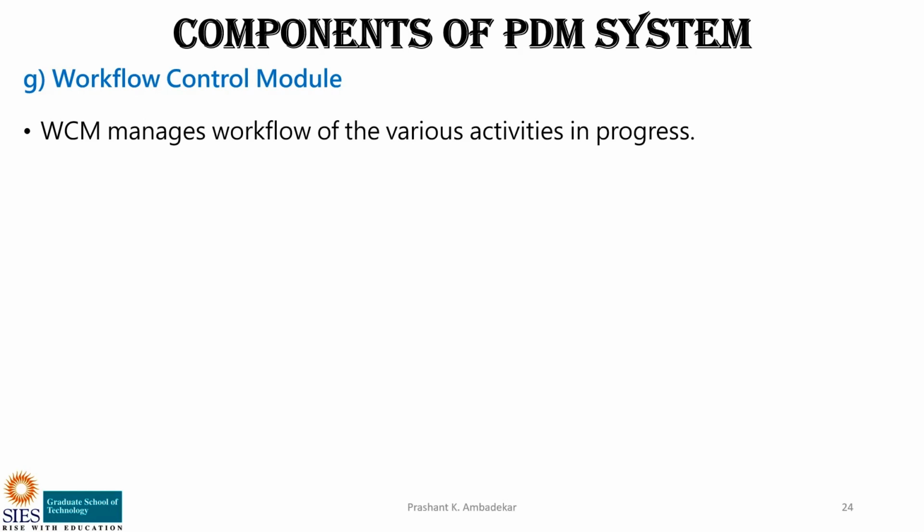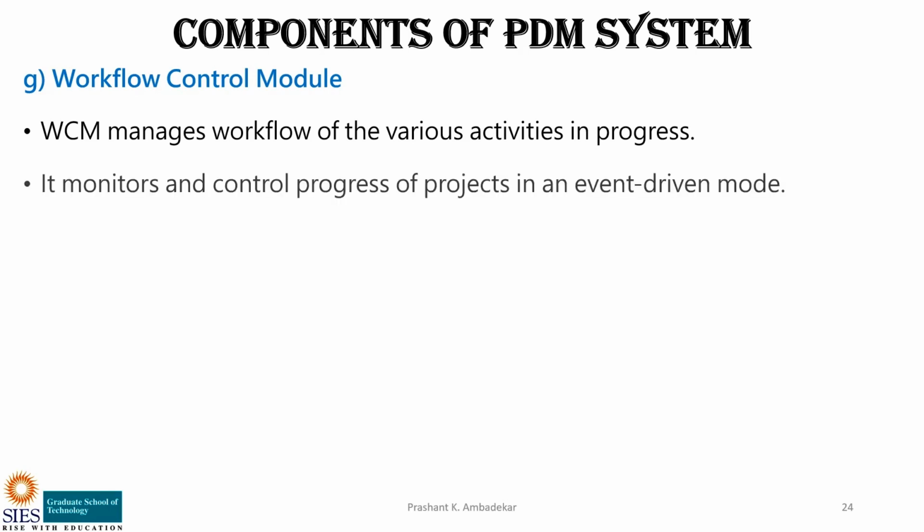The workflow control module, that is this module, will then manage the workflow of the various activities in progress, and it will monitor the progress. It will also control the progress of the projects.